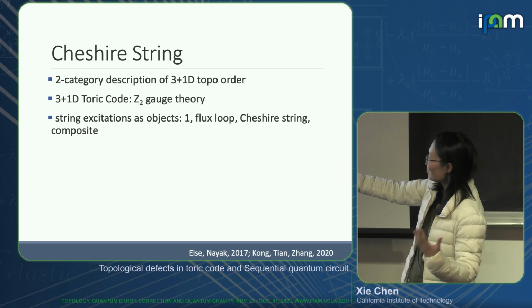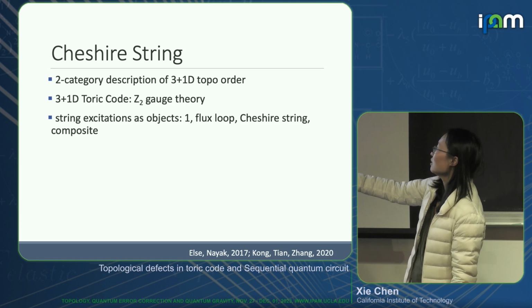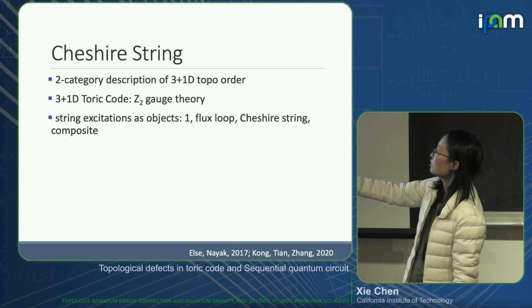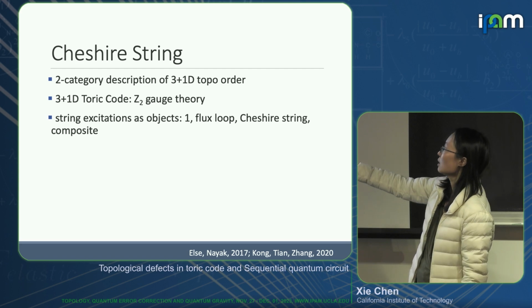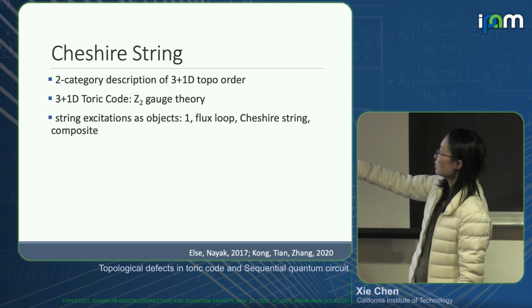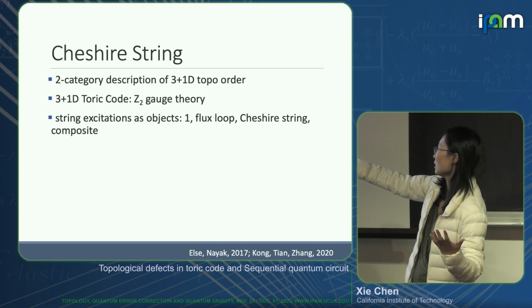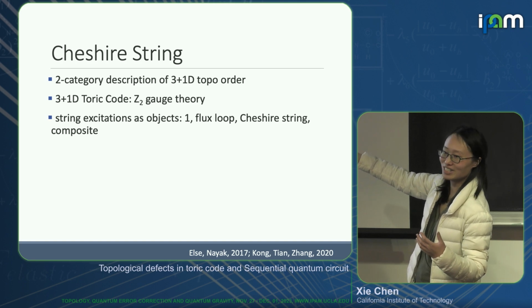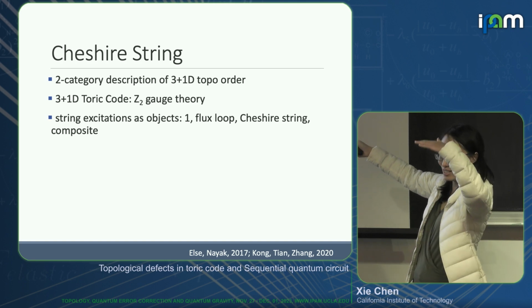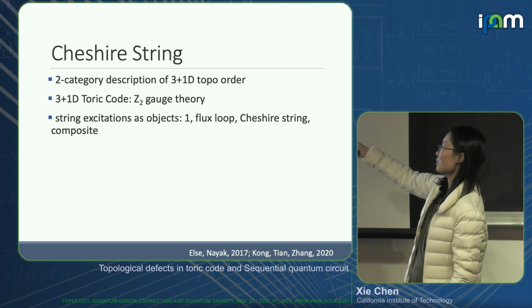And so in that context, the fundamental objects are one-dimensional excitations, so string-like excitations. And there are 4 types. The first one is, of course, trivial, just nothing. The second one is the flux loop, the Z2 flux loop. The third one is the Cheshire string. Okay, so Cheshire strings are raised to the top level of importance.